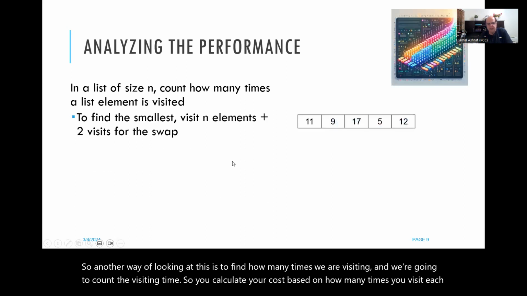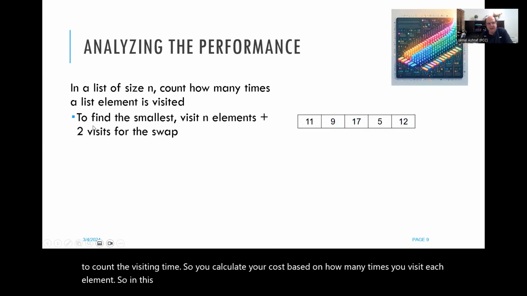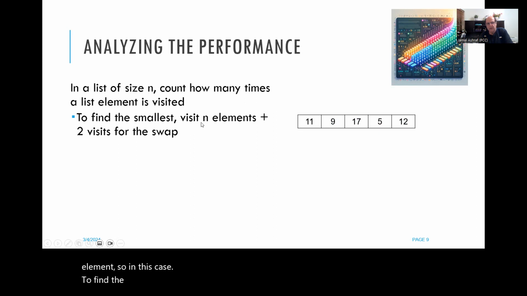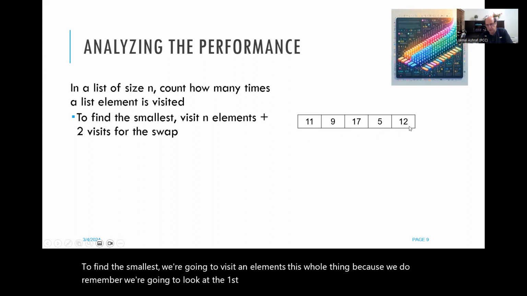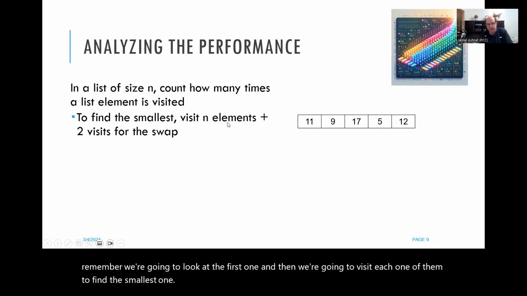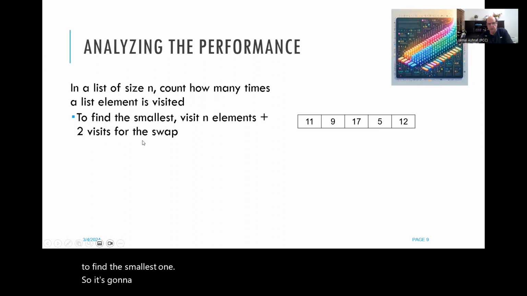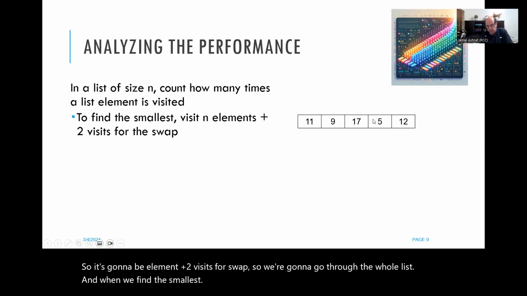So in this case, to find the smallest, we're going to visit n elements, this whole thing, because remember, we're going to look at the first one, and then we're going to visit each one of them to find the smallest one. So it's going to be n elements plus 2 visits for swap. So we're going to go through the whole list, and when we find the smallest one, we're going to swap.